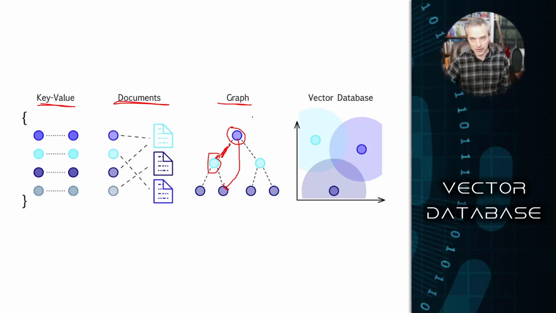Now, a vector database is kind of like a graph database, but the relationships in a vector database aren't binary in the sense that they either exist or don't exist. Vector databases define relationships based on similarity. So the relationship is basically a ratio. It might have a strong affinity or strong similarity, or it might have a weaker affinity or weaker similarity to something.